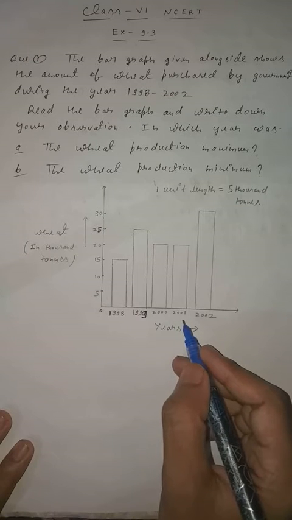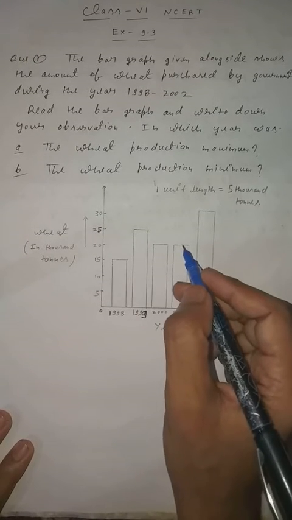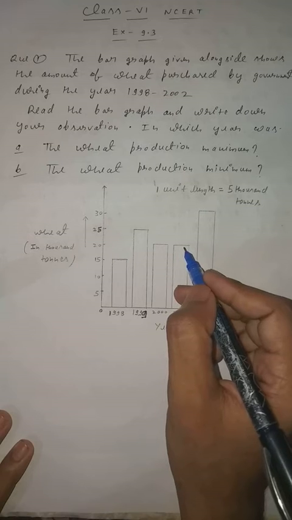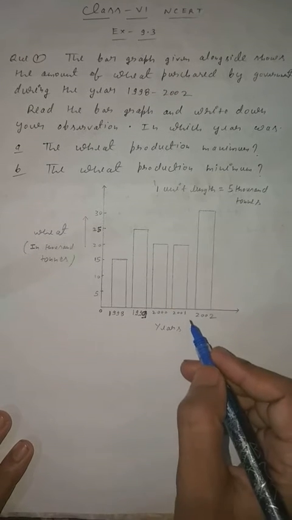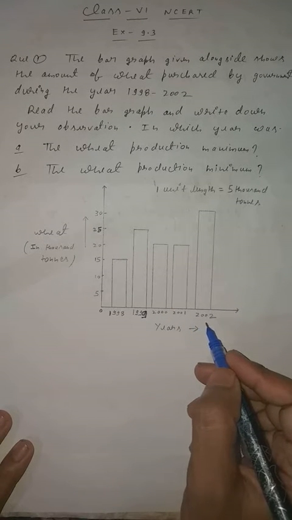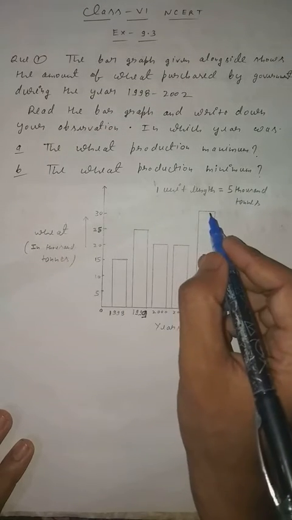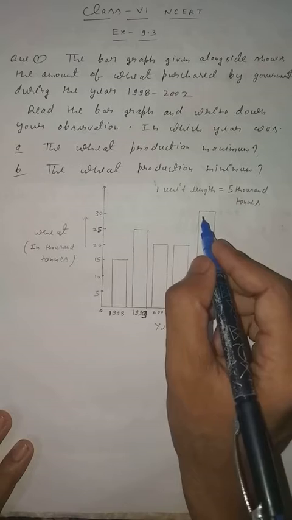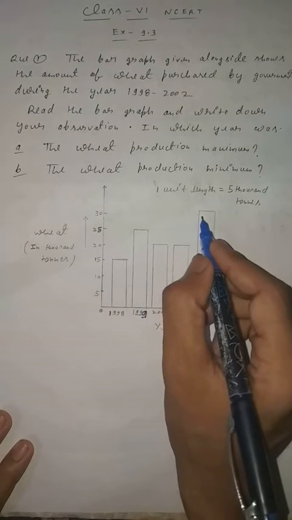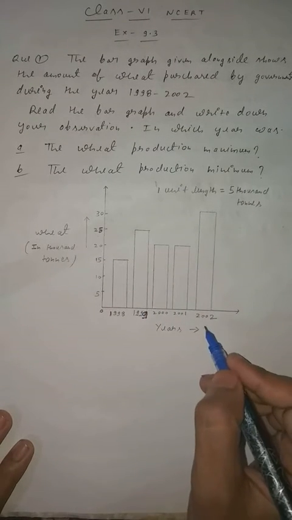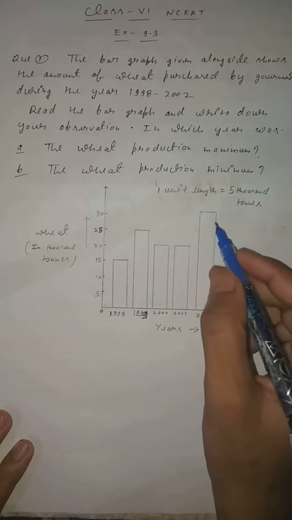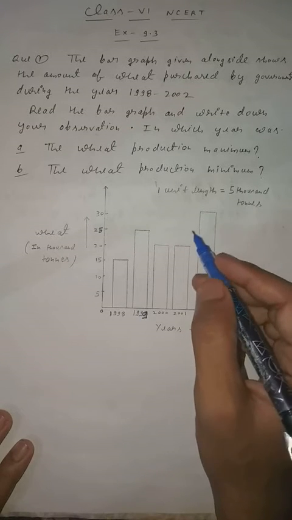In 2001, the production is the same as 2000, so this is also 20,000 tons. In 2002, the bar lies on 30. You can see it is parallel to 30. So in 2002 the amount of wheat production is 30,000 tons. Clear, students?